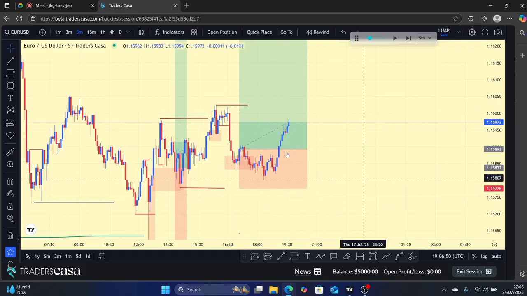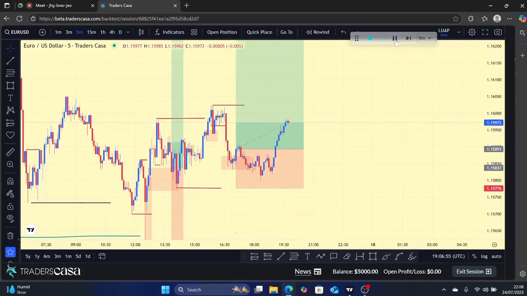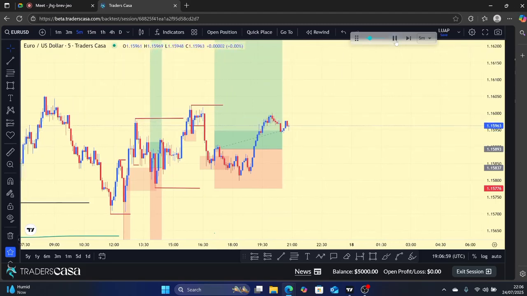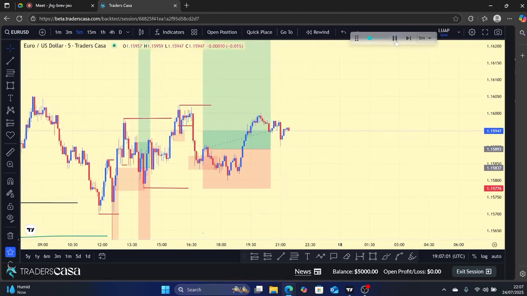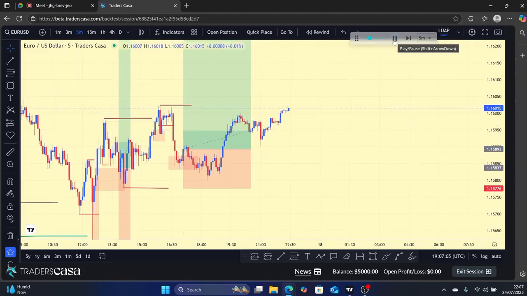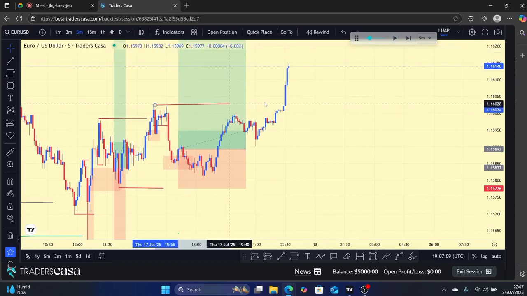All right, so exactly right here, let me continue running price. So if price makes a break of structure, of course we'll be continuing to check the buys. Exactly right there, you can see a break of structure.